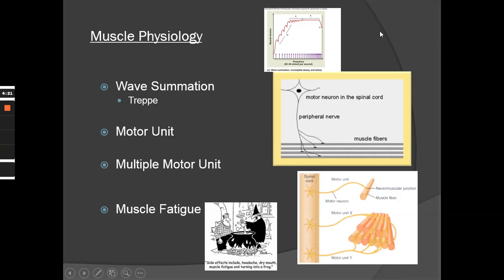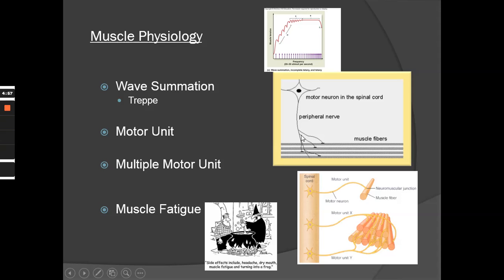Okay. Next bullet point up there is motor unit. We have talked about this. What is a motor unit? You should already have this in your notes. A motor unit is a motor neuron and all of the muscle fibers that it supplies. This picture right here with the yellow around it is showing you a motor unit: one motor neuron and all of the muscle fibers that it supplies.